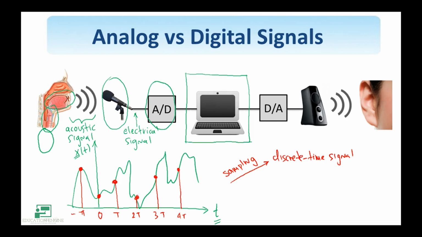The second step is to discretize the amplitude of the signal. This means that I have only certain values available to represent x of t, integer values. So let's assume that the values I have available are this one, this one, this one, this one. Let's call these 0, delta, 2 delta, 3 delta.